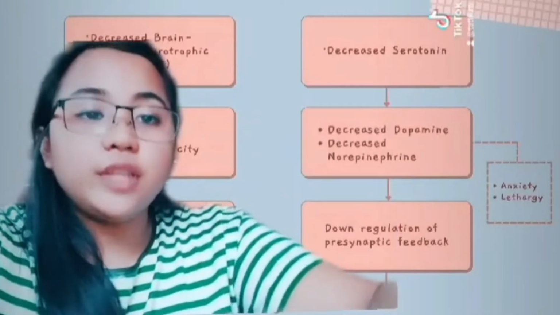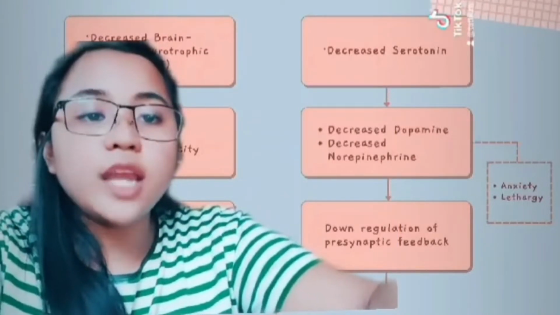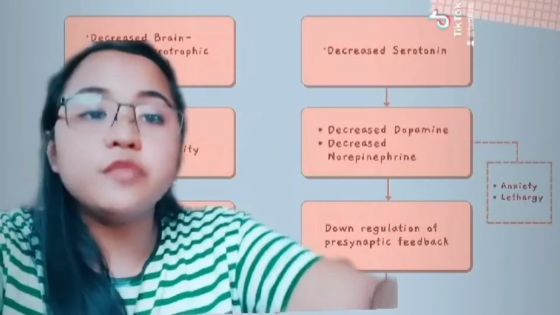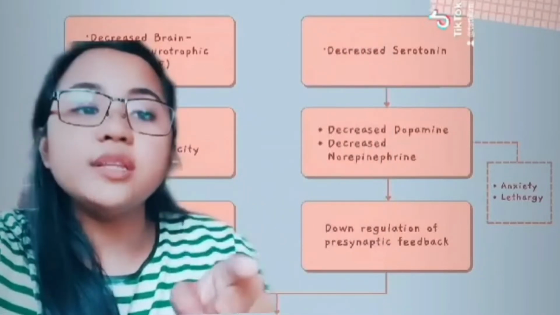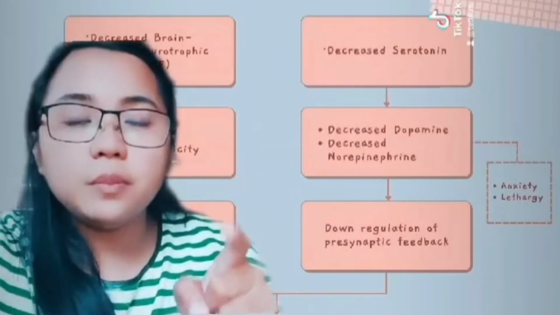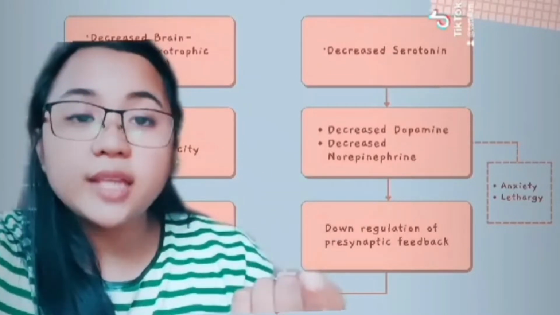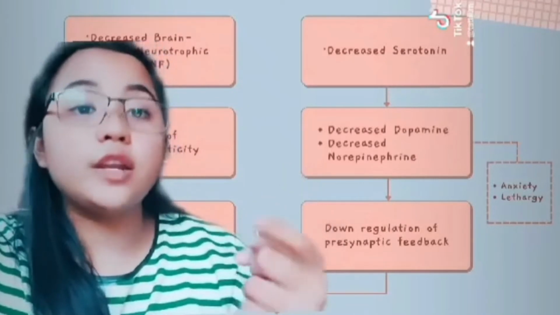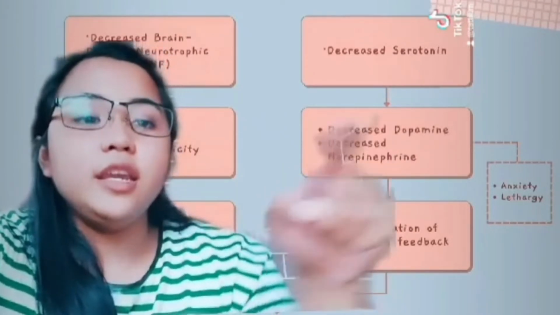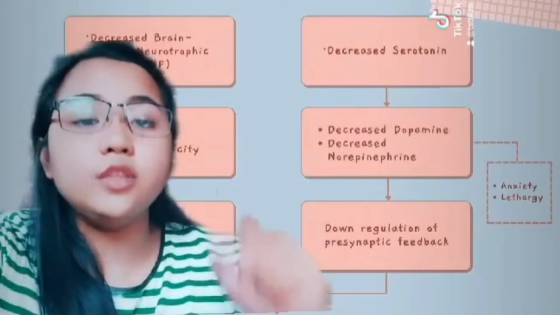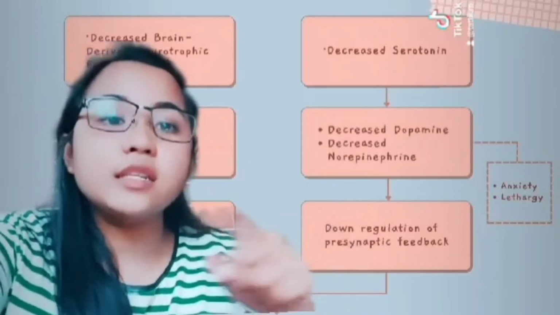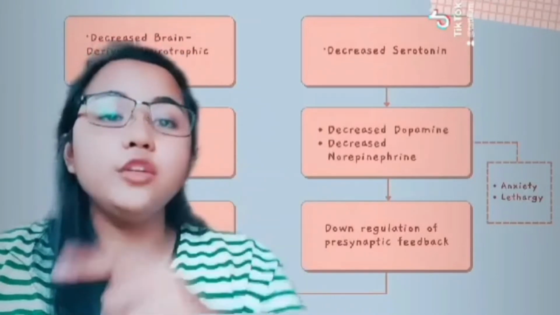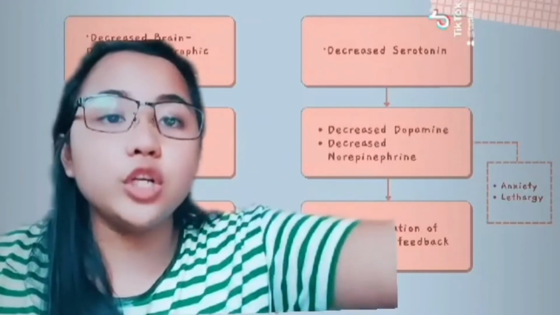After that, there will also be a down regulation of the presynaptic feedback mechanism, which suppresses the release of neurotransmitters from the axon terminal or varicosities. Then, it will result in a decrease in neuroplasticity. But before discussing what neuroplasticity is, let us first go back to the other theory, which is the neurotrophic factor.